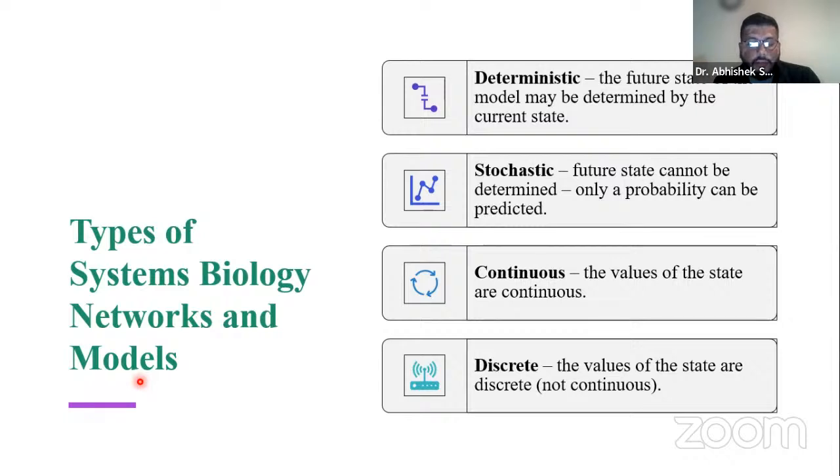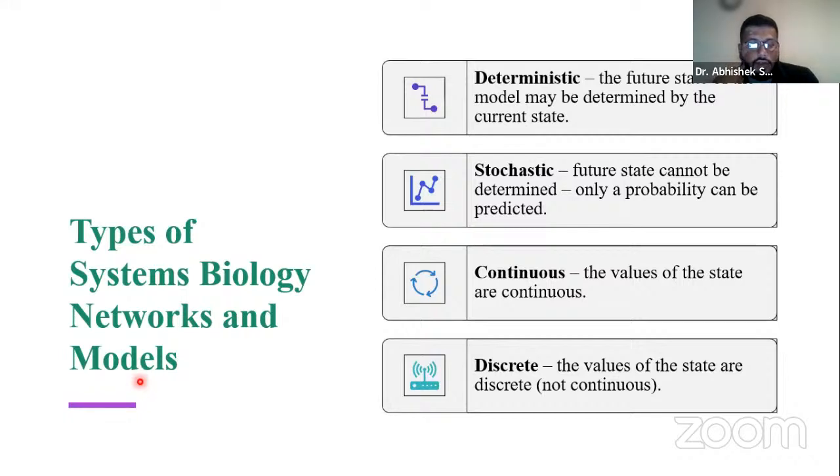Deterministic, where the future state of the process may be determined by the current state, which uses ordinary differential equation based or PDE based methods. Stochastic, where the future state cannot be determined, only a probability can be predicted, so where there are too many random variables, it can be done using stochastic methods.